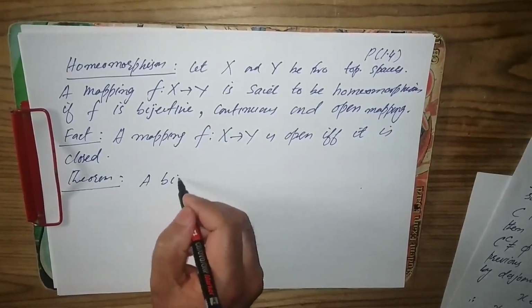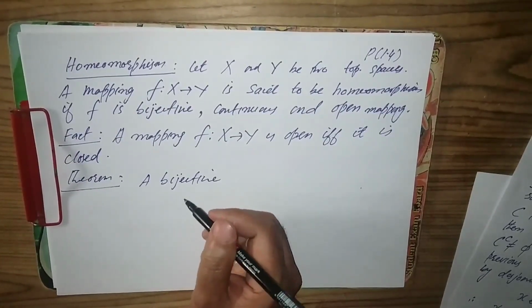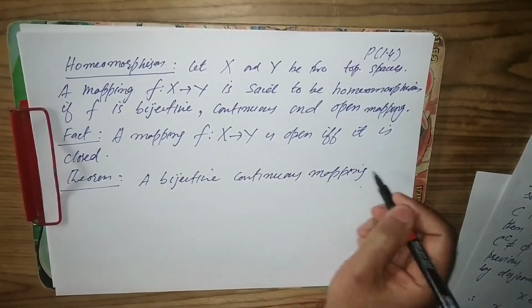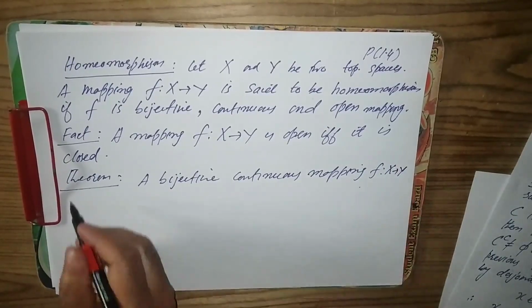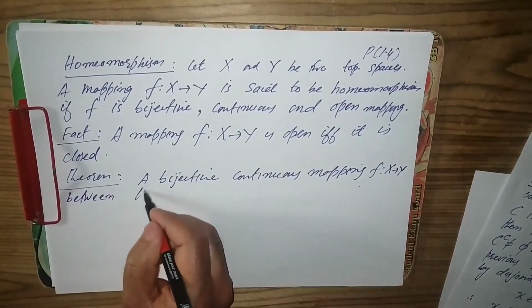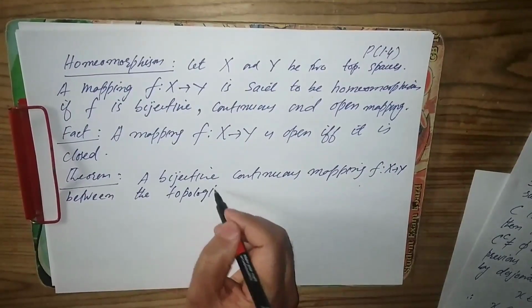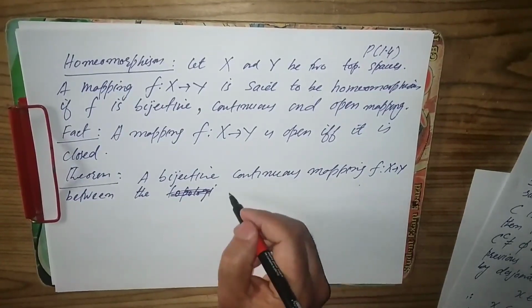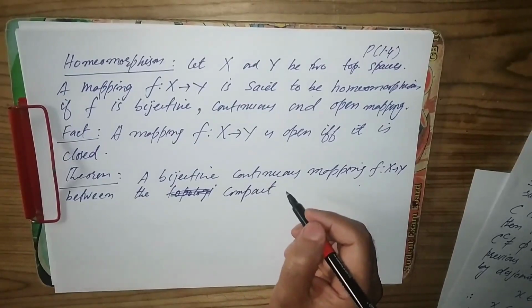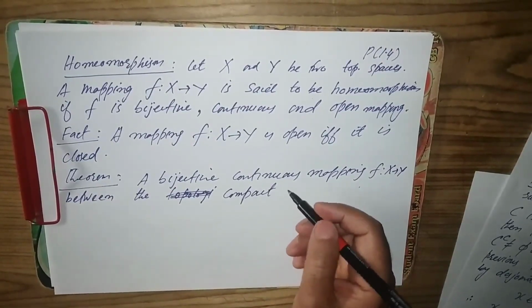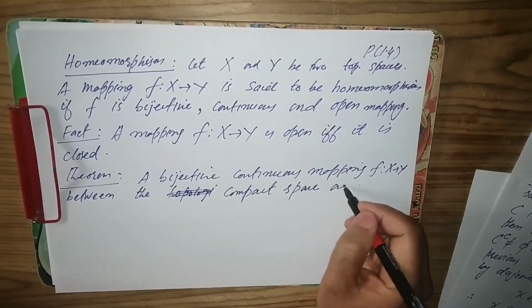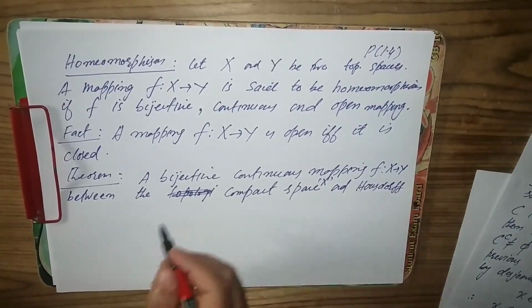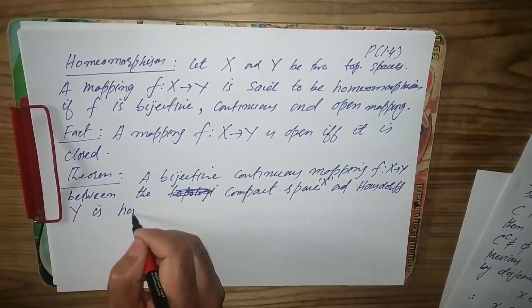A bijective continuous mapping f from X to Y between topological spaces, where X is a compact space and Y is a Hausdorff space, is a homeomorphism.